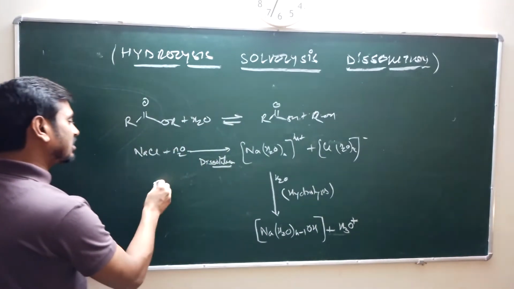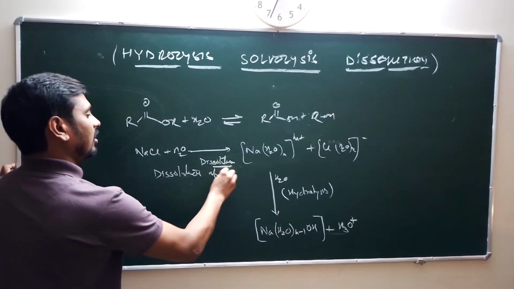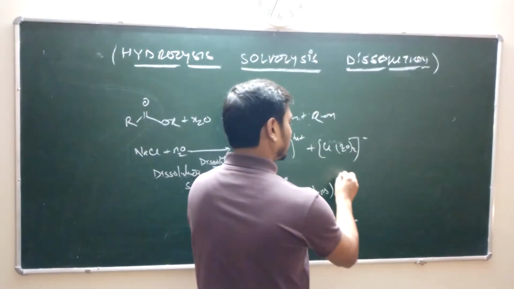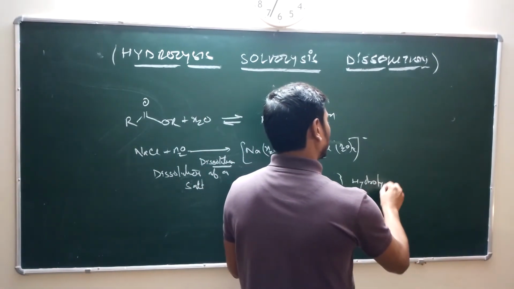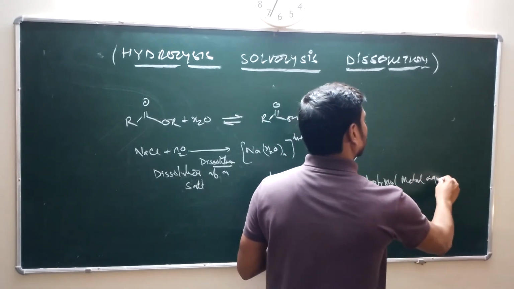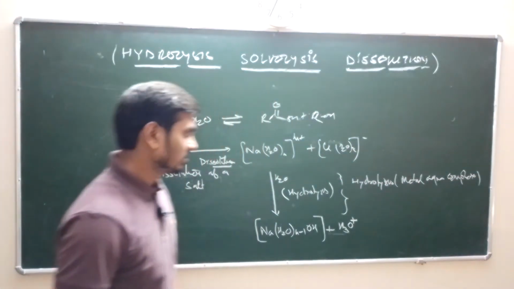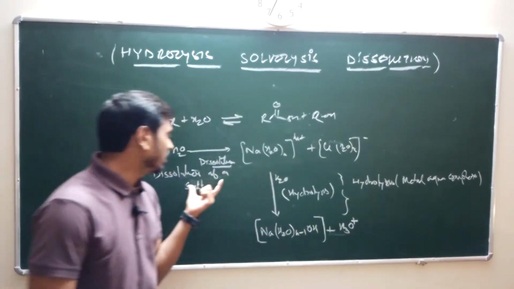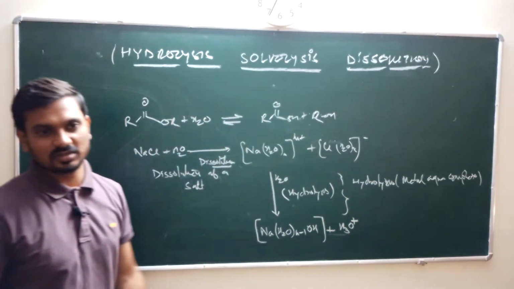Up to here, this is a simple dissolution of a salt. But here, what has happened? Hydrolysis of a metal aqua complex. Alright. Up to here this process is dissolution, and from here onward, this process is hydrolysis of the metal aqua complex.